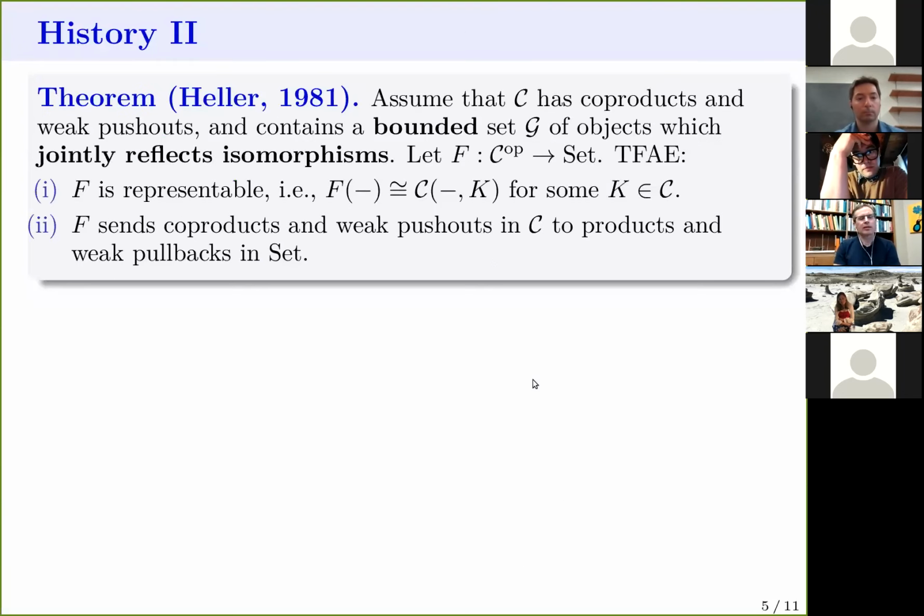Okay, so those are the concepts. And then Heller has a really nice representability theorem. I think it's one of the nicest ones that I'm aware of, and it encompasses many other results.